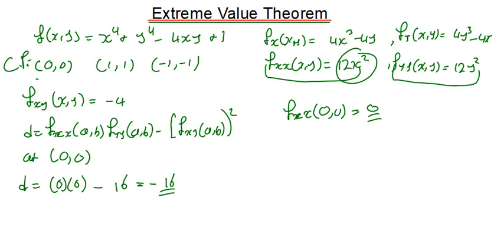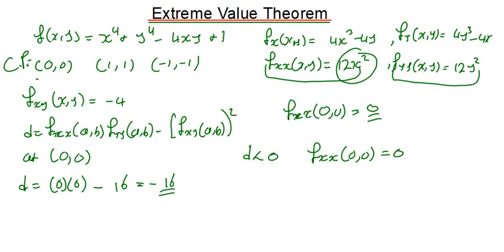So what we have found is that our d is less than 0, but our second partial with respect to x is equal to 0. But remember, for it to be either a minimum or a maximum, it's supposed to be either greater than 0 or less than 0.